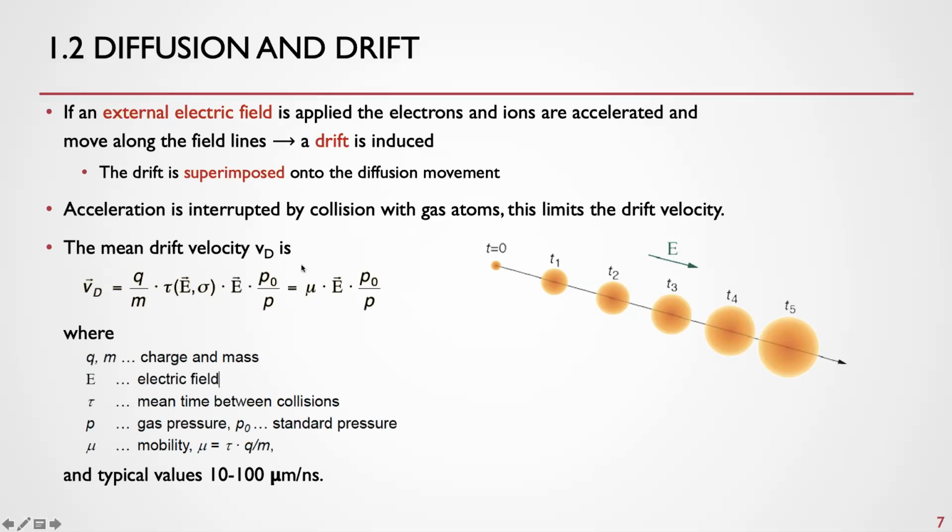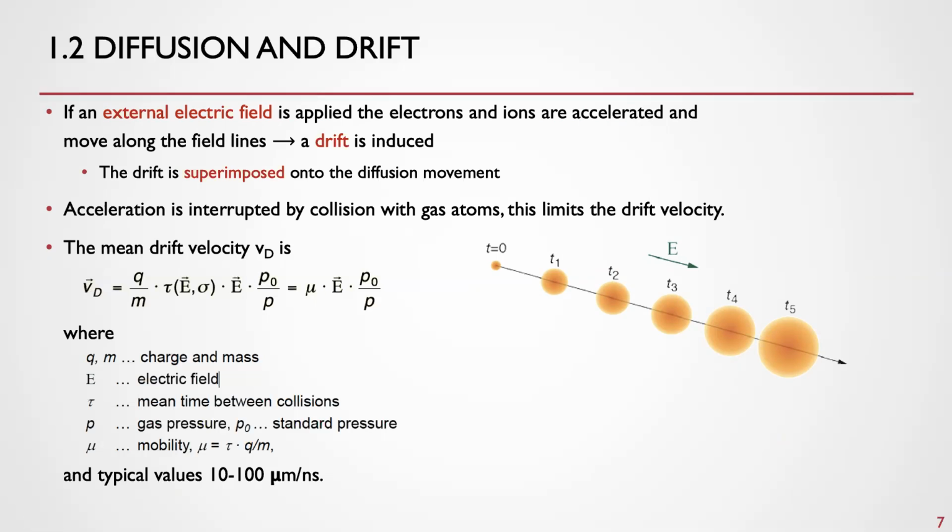The mean drift velocity, these are all empirical formulas, okay? The mean drift velocity is typically written as a mobility times the electric field. However, the mobility itself depends on the electric field, so that's a nonlinear relation.